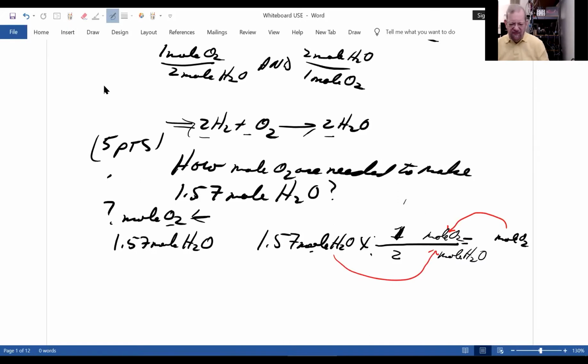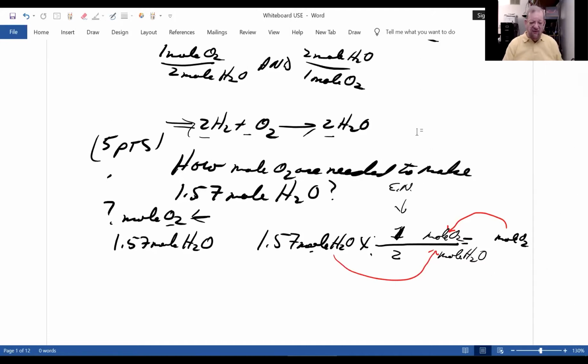Now, listen carefully. The coefficients of a balanced chemical equation are exact numbers, and they never play a role in determining significant figures. I will say that again. The coefficients of a chemical equation are exact numbers, and they never play a role in determining the number of significant figures.